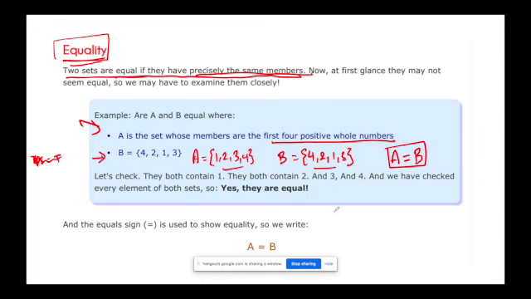So we can see here that the order of the elements, and this is an important note, so make this note, does not matter. It doesn't matter what order you put the elements in. Once they have the same elements, the sets are equal. And of course, this is how you write it. A equals B.